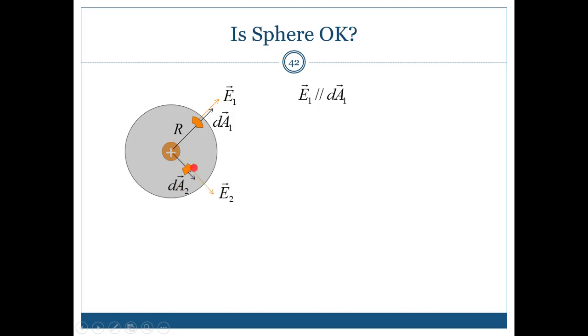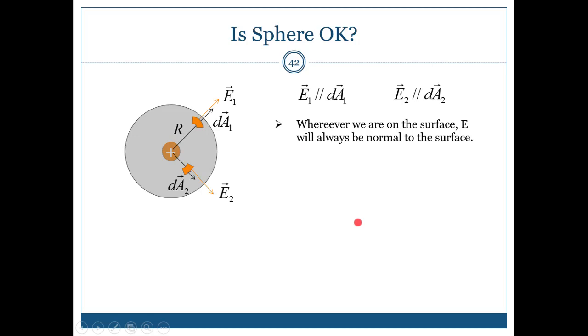Would the situation be different if I selected another point on the sphere? Let's say a little towards you guys. Well, dA would still be radially outward, and the E field created by a positive charge is still radially outward. So again, my E field will be parallel to my dA at that particular point.